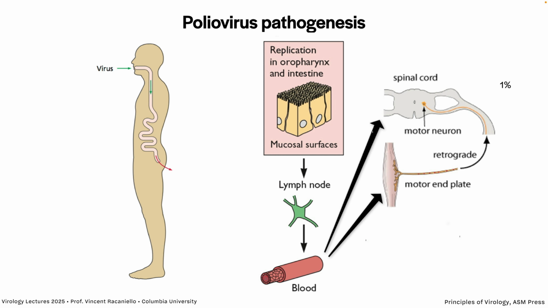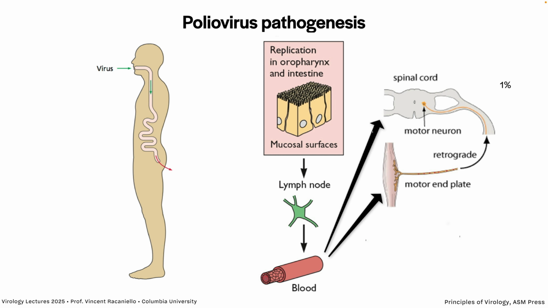Virus goes through your stomach, low pH, no problem. Intestine, high pH, bile salts, proteases, no problem. It goes to your intestine, reproduces in the mucosal surface, goes through the lymph nodes, and starts a viremia. And that's it in most cases.